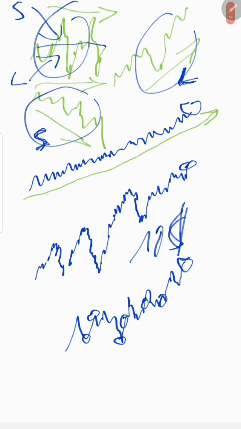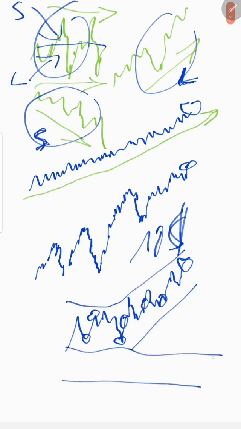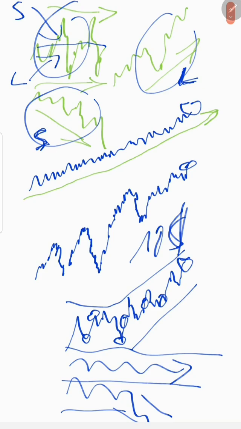And that's the reason why you get, for every market, a simple, really a simple strategy. For a long market, a simple strategy. For a sideways market, and a simple strategy for a falling market.